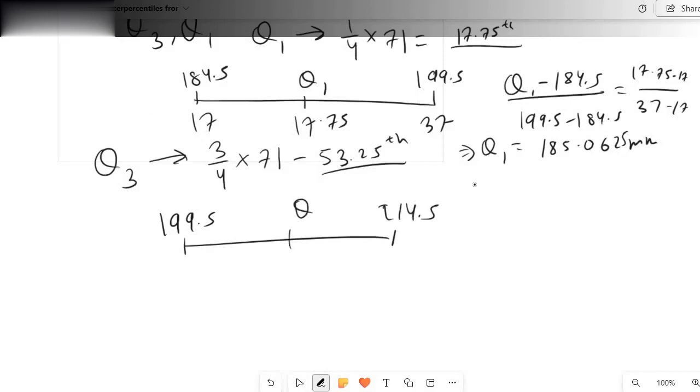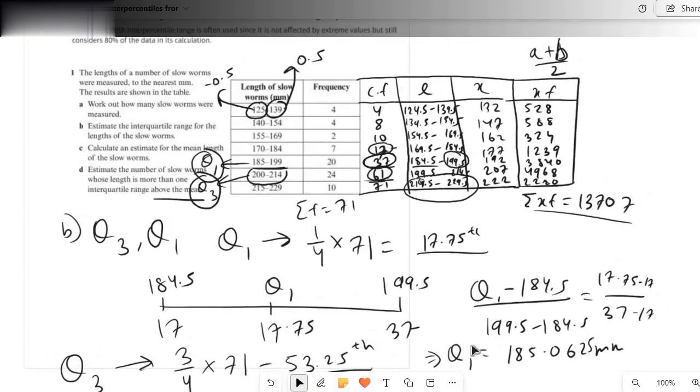Then we have Q3 here, which is unknown, but its corresponding cumulative frequency is going to be 53.25. For the upper one, this is going to be 61, and for the lower one is going to be 37. If you see from the table here, 61 is a cumulative frequency for 214.5, and for 199.5 this is going to be 37.